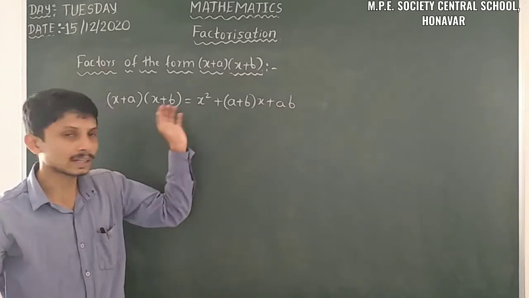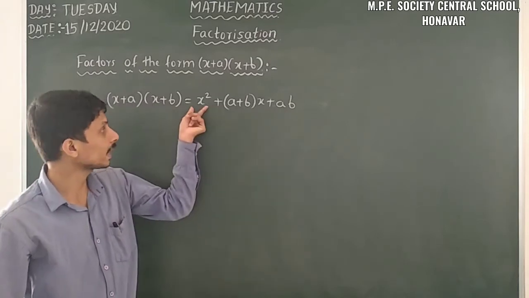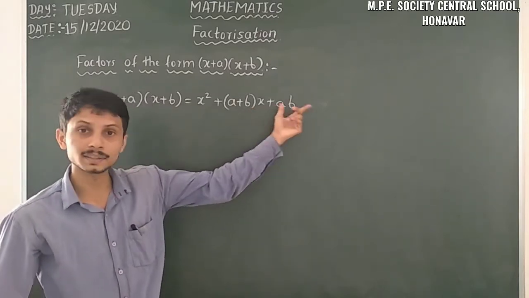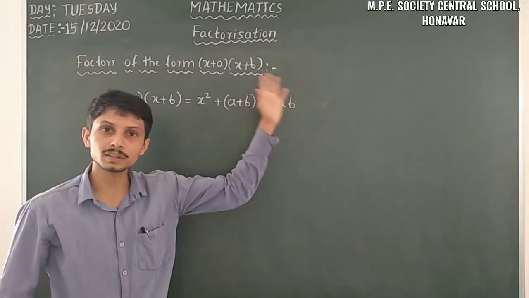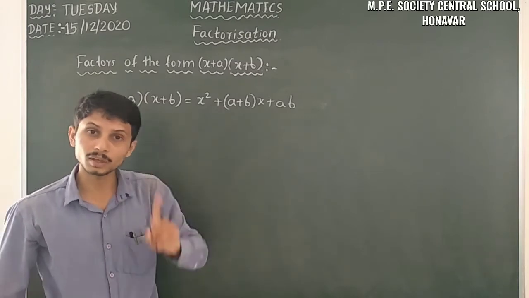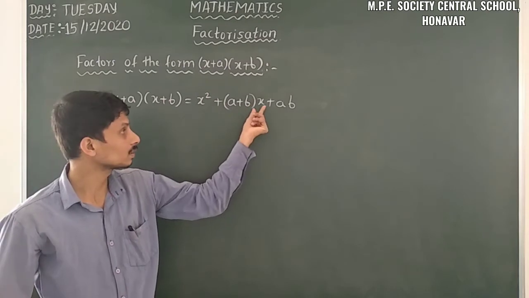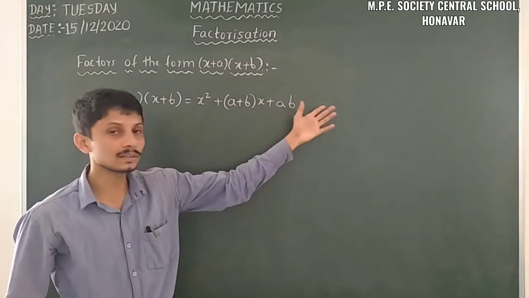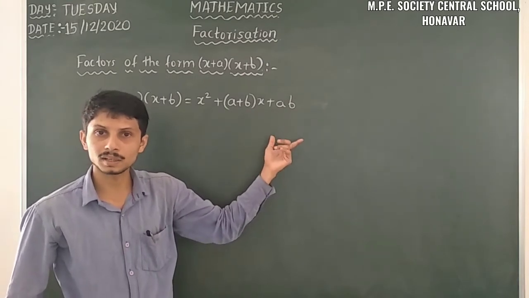So whatever algebraic expression we have starts with x square, then we have x, then we have a constant term. That means the algebraic expression consists of only one variable. Firstly we have the square term, then the x raised to 1 term, and then x raised to 0, which means 1, we already know that.